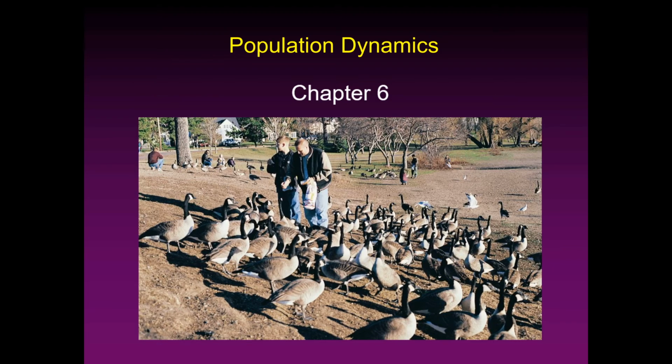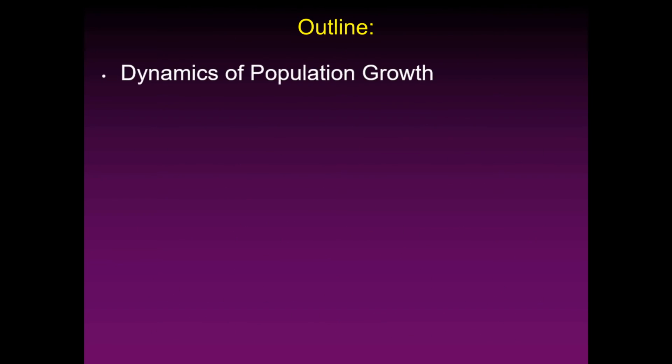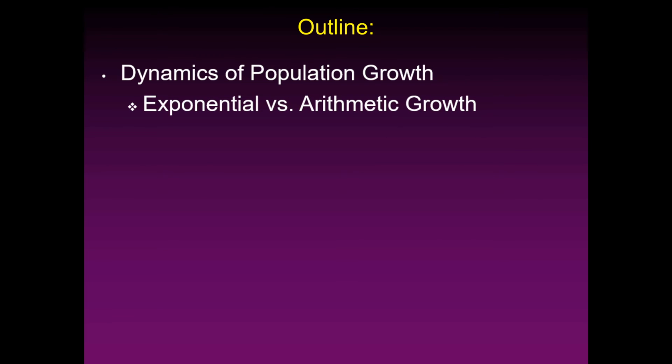All right, so we're going to go through population dynamics. This is kind of a follow-up to when we went through ecology, so this is kind of a part two for that. Our outline: we're going to look at how populations actually grow, the different conditions behind their growth and why they happen the way they do.